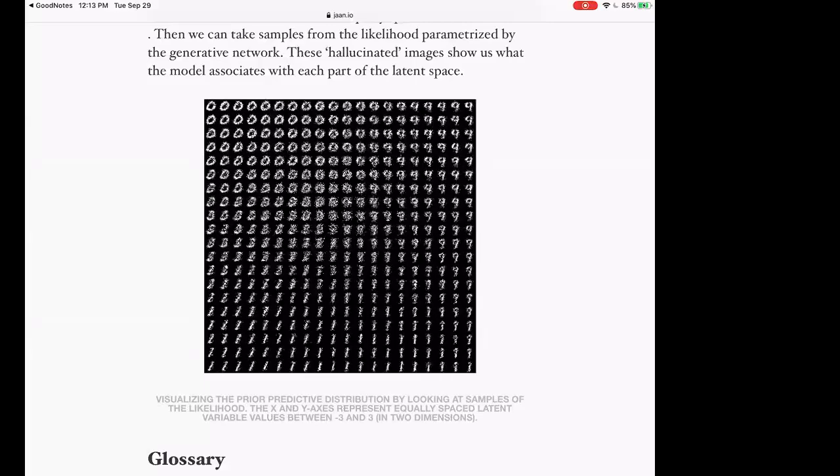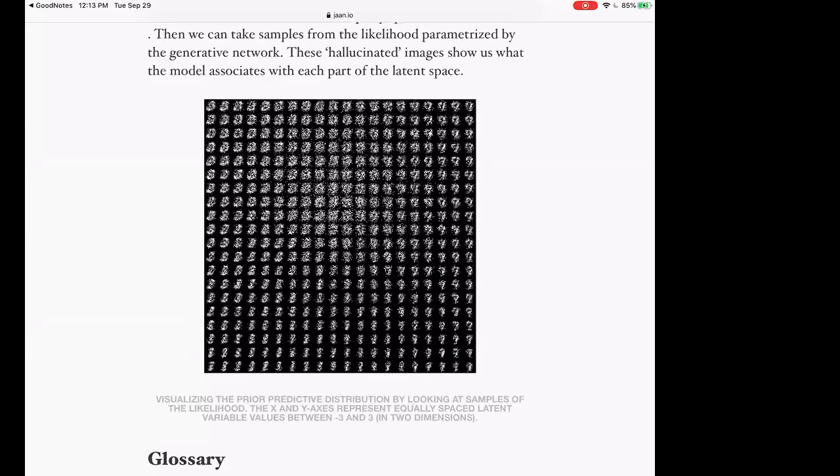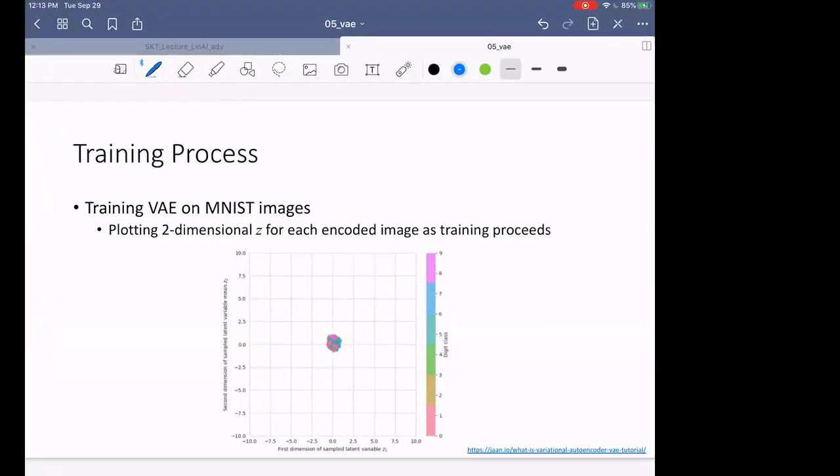So you can sample novel examples from here, a distribution of 9s and 1s and 0s. You can sample any Z in this latent space, and that will look like a proper digit. All right, I hope the visualization was enlightening.